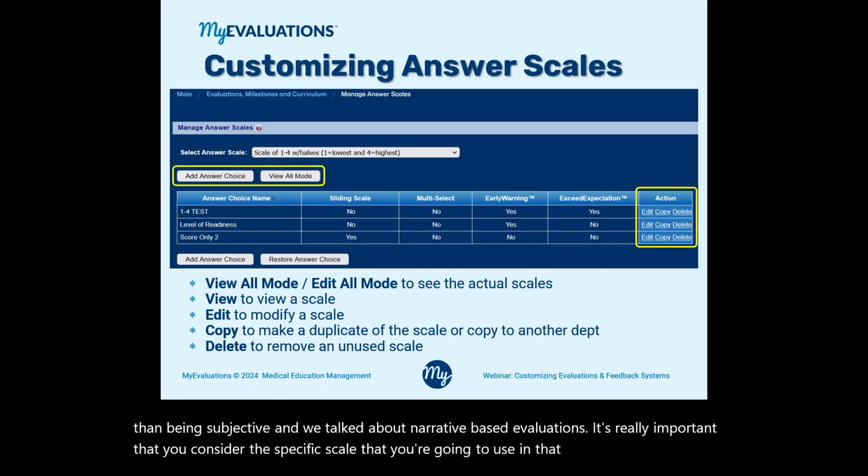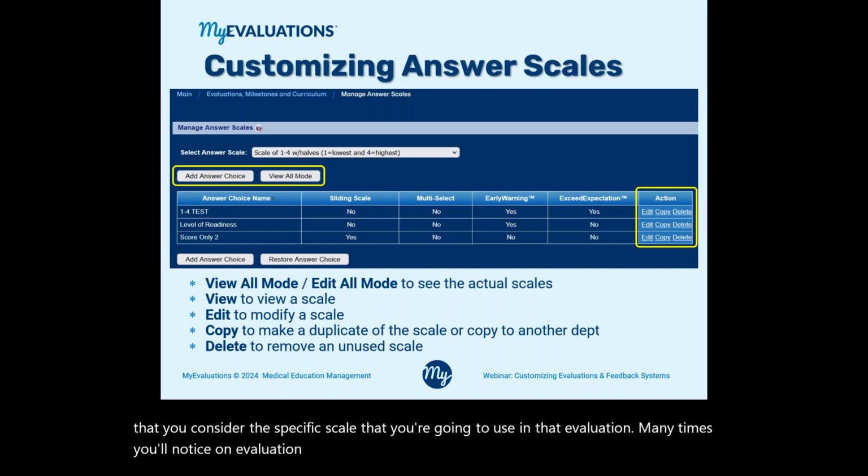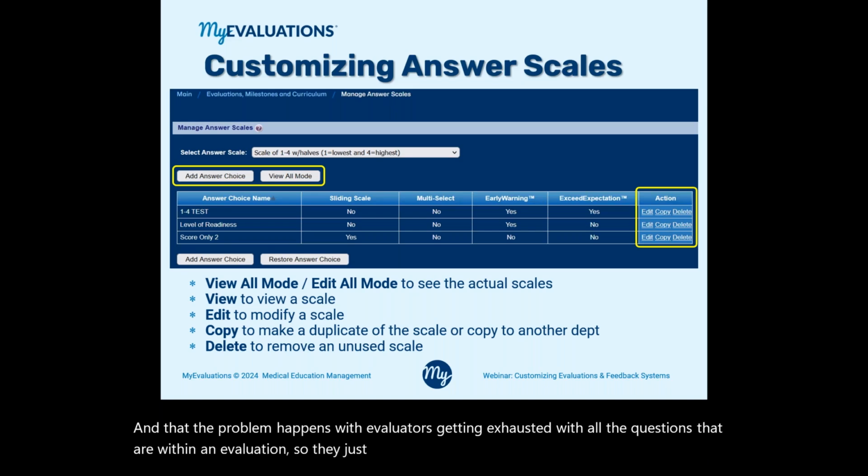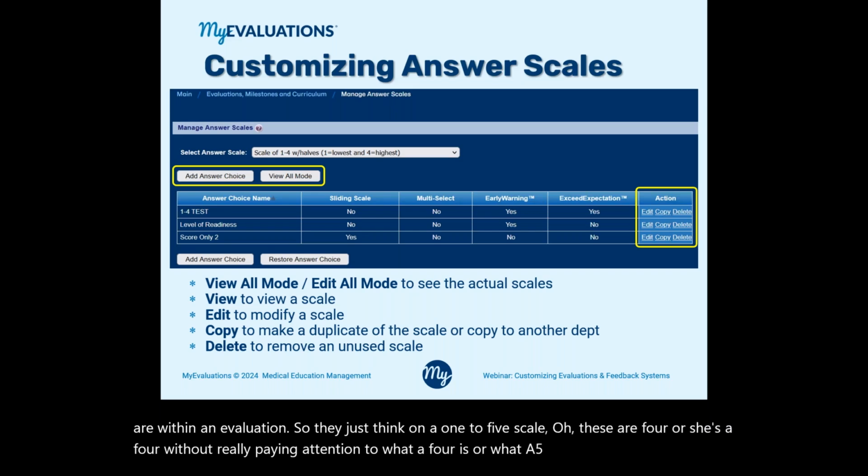Many times you'll notice on evaluation forms, you start to get responses where everybody's getting a 4 or everybody's getting 5s. And the problem happens with evaluators getting exhausted with all the questions that are within an evaluation. So they just think on a 1 to 5 scale, oh, he's a 4 or she's a 4, without really paying attention to what a 4 is or what a 5 is.